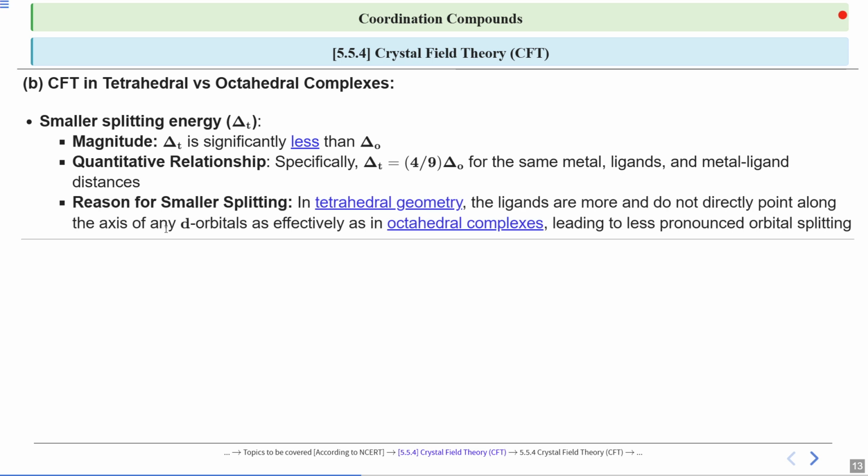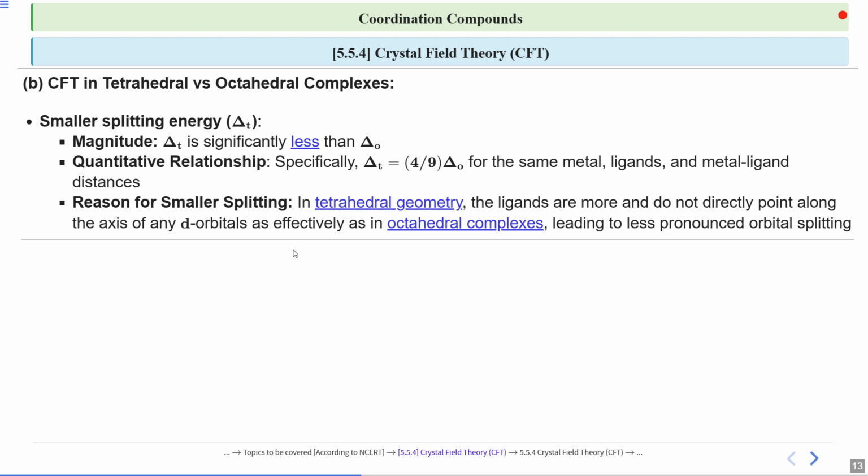Now what is the reason for the smaller splitting? Why is the crystal field splitting in the tetrahedral complexes smaller? What is the reason behind this? In the tetrahedral geometry, the ligands do not point directly along the axis of any d orbitals as effectively as in the octahedral complexes.